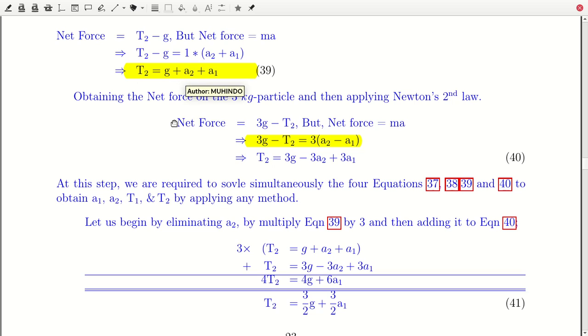So if we add, it will be 3T2 plus T2, 3G plus 3G, 3A2 plus negative 3A2, 3A1 plus 3A1, which ends up giving us this.